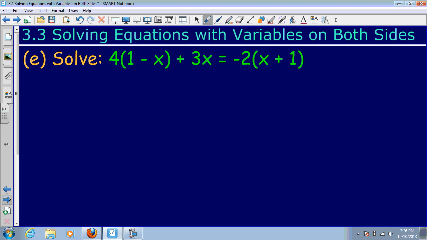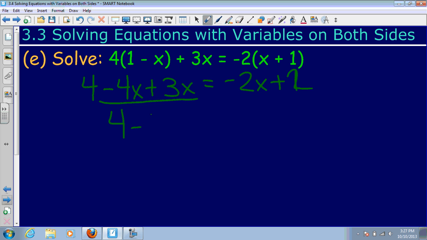Let's distribute. 4 minus 4x plus 3x equals negative 2x plus 2. Okay? Combine like terms. Can't combine 4 with negative 4x, so I look at negative 4x plus 3x. That becomes 4 minus 1x equals negative 2x plus 2.